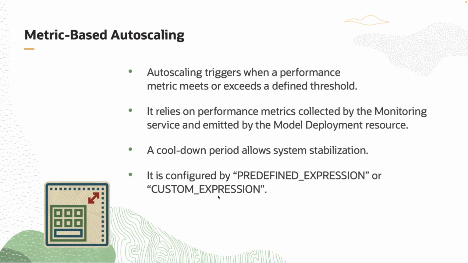In a custom scaling metric type or expression, you have complete control over defining the scaling conditions in the form of MQL expressions and selecting any model deployment metric you want.